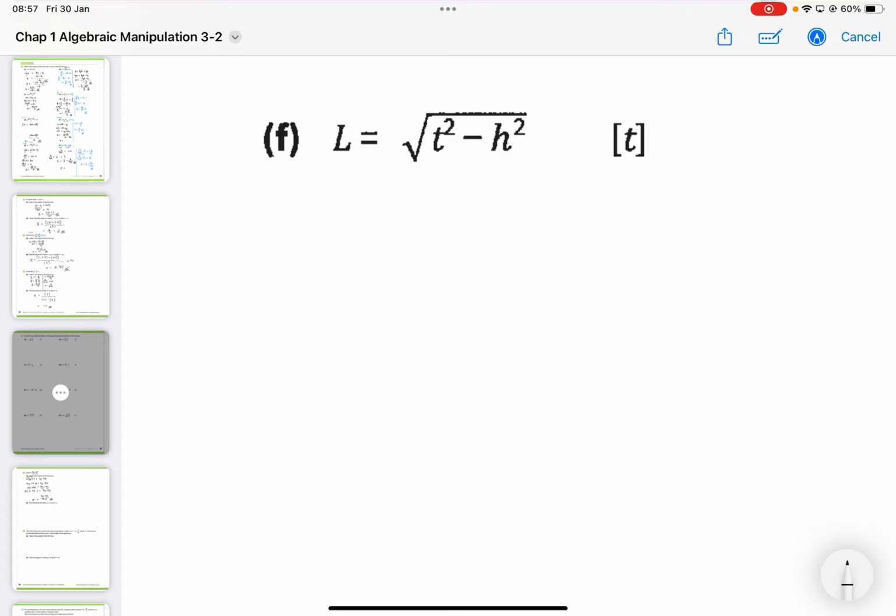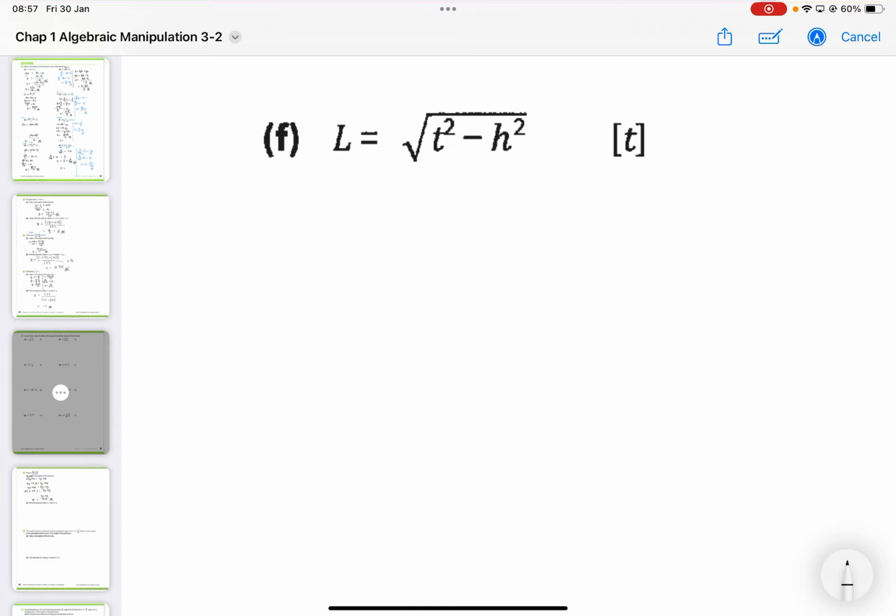I want to make T the subject. The bracket here is the unknown that I want to make subject. But right now, T square minus H square, the whole thing is inside a square root. So the first thing I need to do is to remove the square root.